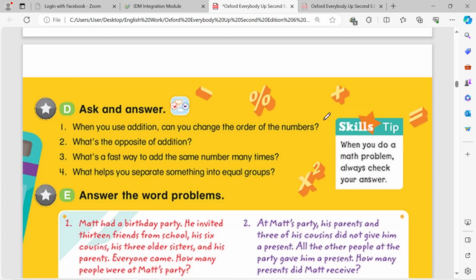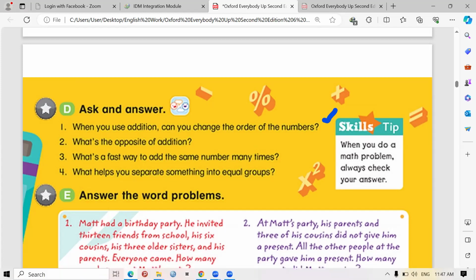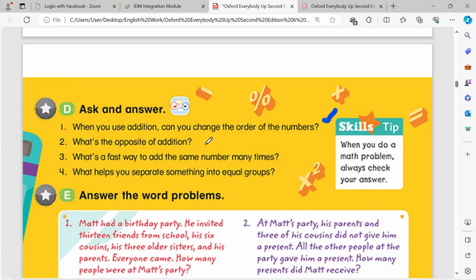And what's the opposite of addition? Subtraction. How do you spell subtraction? Subtraction, minus.